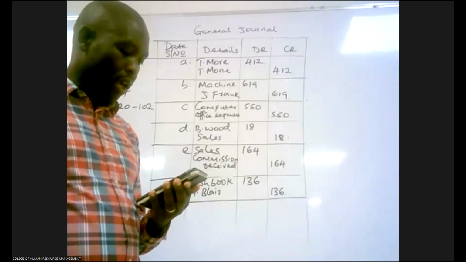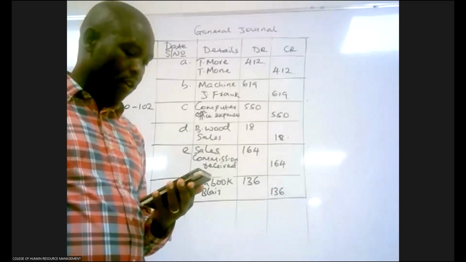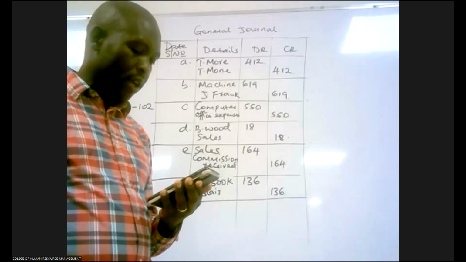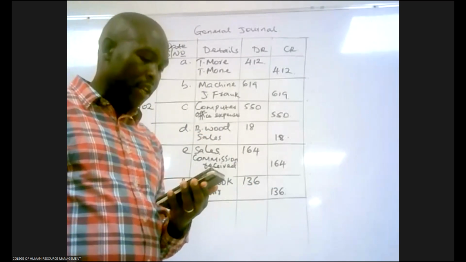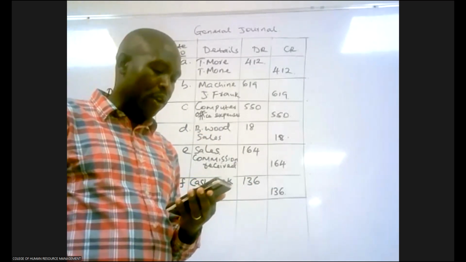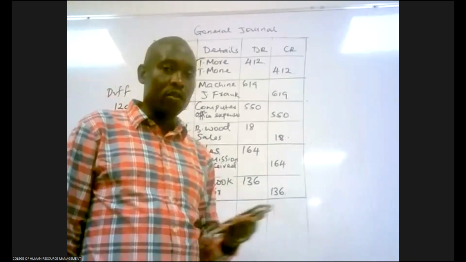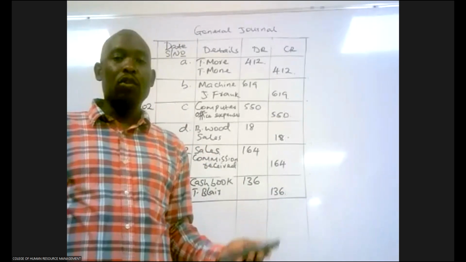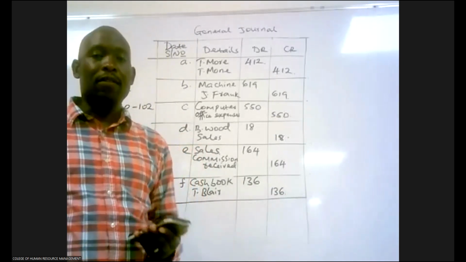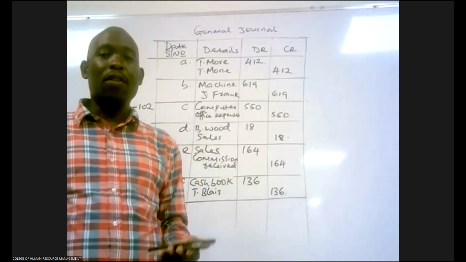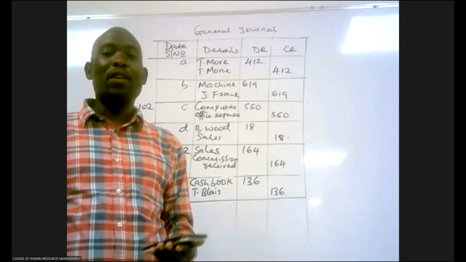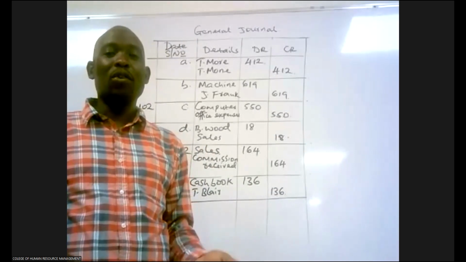G, a purchase of goods, 372, had been entered in error on the debit side of the drawings account. A purchase of goods. When we said it is goods, we should debit purchases. Now, the issue here is instead of debiting purchases, we debited drawings.